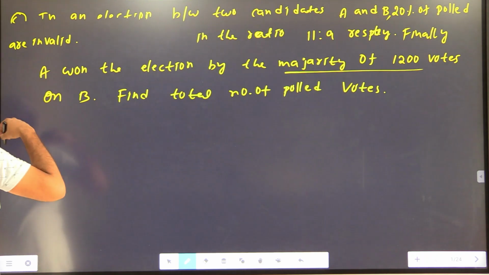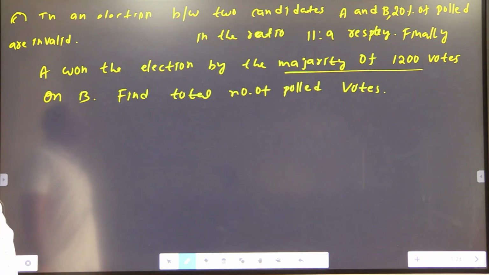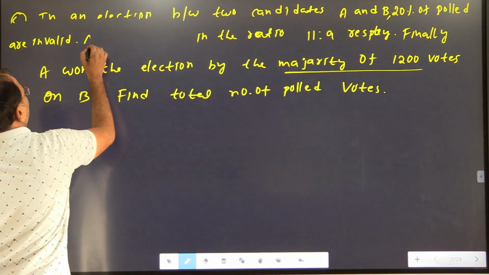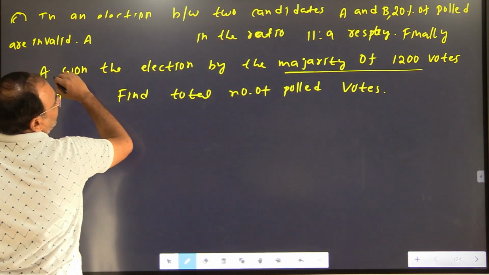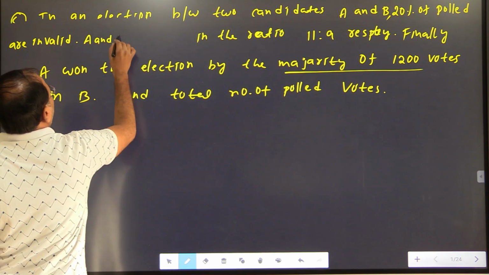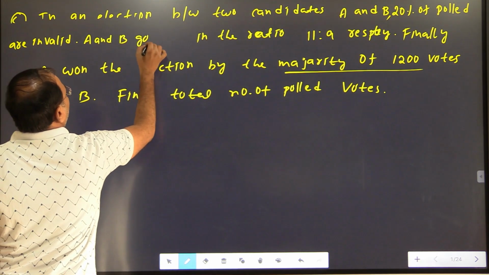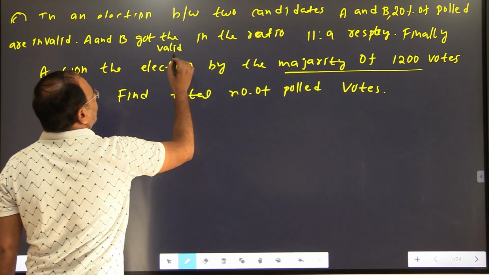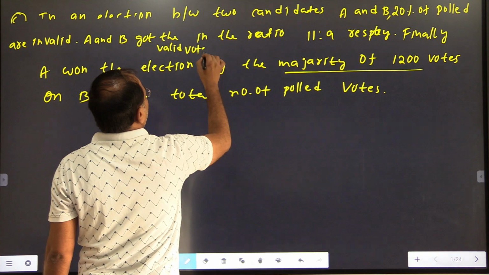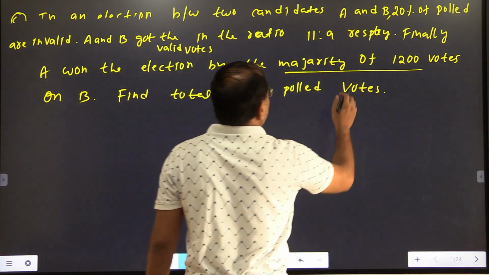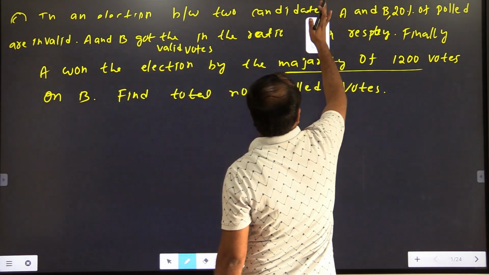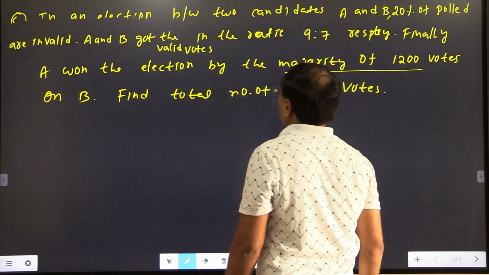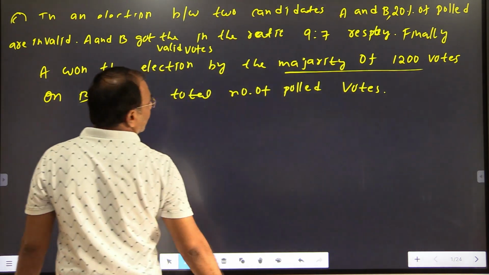In an election between two candidates A and B, 20% of polled votes are invalid. A and B got the valid votes in the ratio 9:7 respectively.